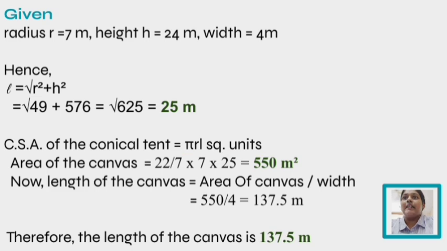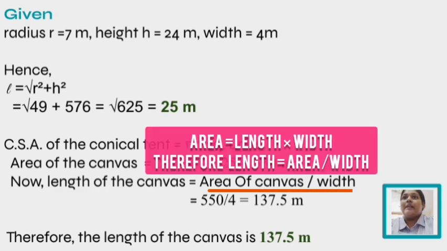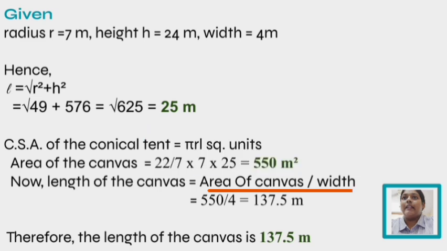By substituting all that, we get 550 meter square. So the canvas area needed is 550 square meters. Now to find the length of the canvas, as we know the canvas is a rectangle, so area is equal to length into width. By substituting the values and calculating, we get the length as 137.5 meter. Therefore the length of the canvas is 137.5 meter.